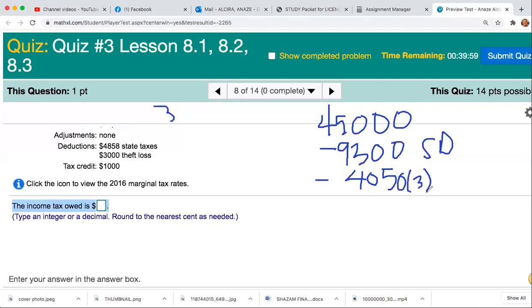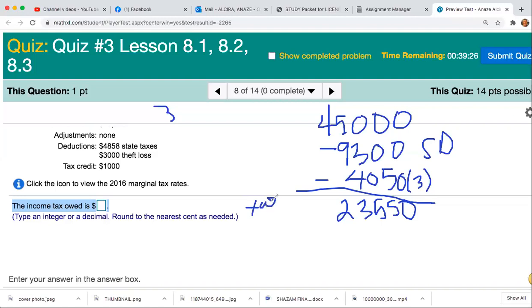Now we're going to put all of this into the calculator. 45,000, subtract the 9,300 and subtract the 4,050 times 3. That brings this amount down to $23,550.